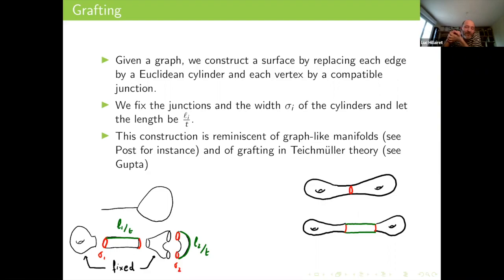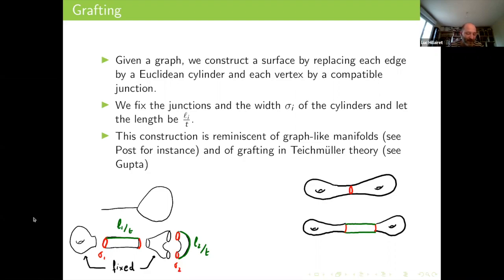So you can see it by starting from a graph, and now you construct a surface by replacing each edge by a Euclidean cylinder and each vertex by a compatible junction. So for instance, on the right side, you see that I have this graph with one loop and one segment.